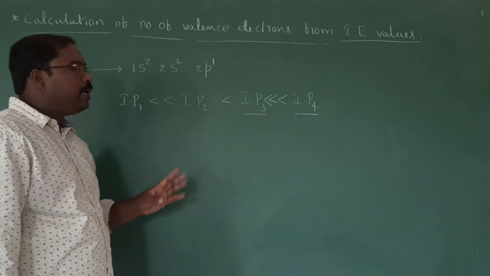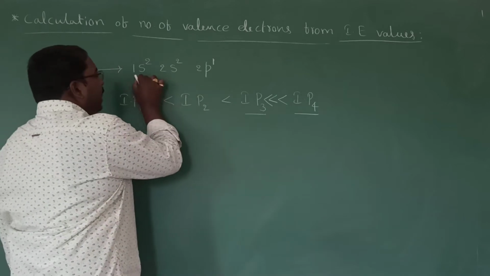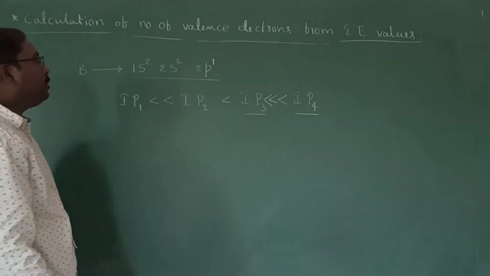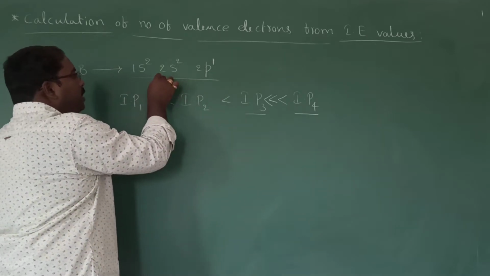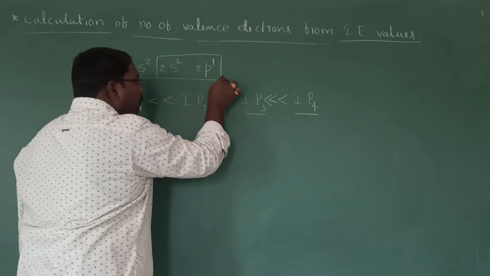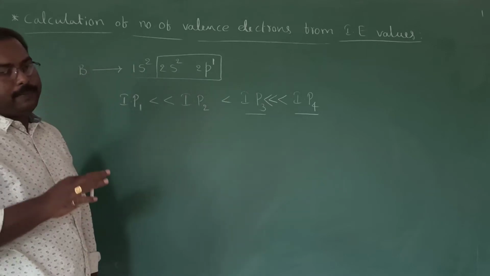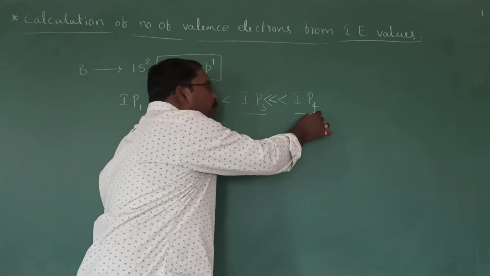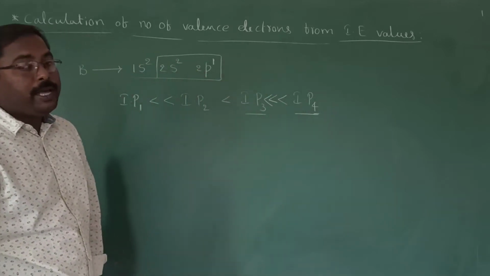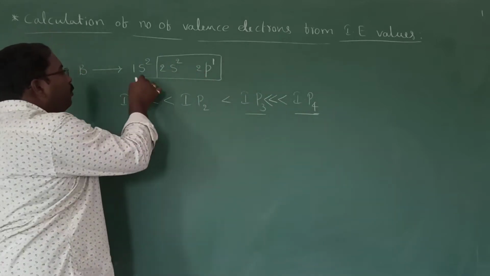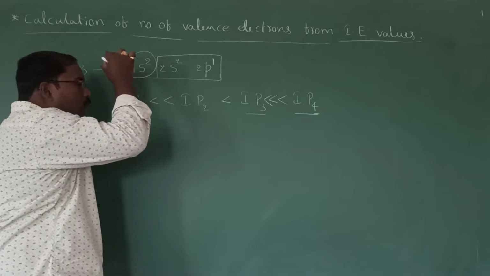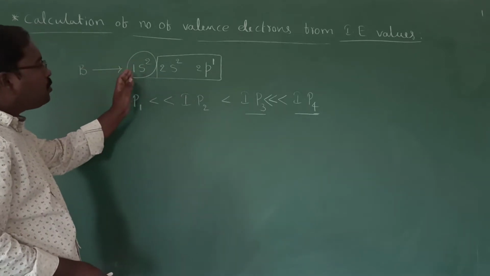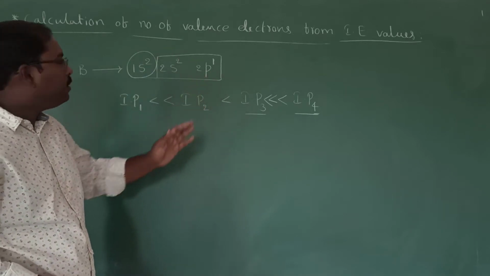I think you can now understand by looking at the electronic configuration. In boron, the number of valence electrons is 3. If we want to remove the 4th electron from boron, we have to remove it from the 1s2 orbital. What is the difference between this 1s2 orbital and the remaining orbitals?